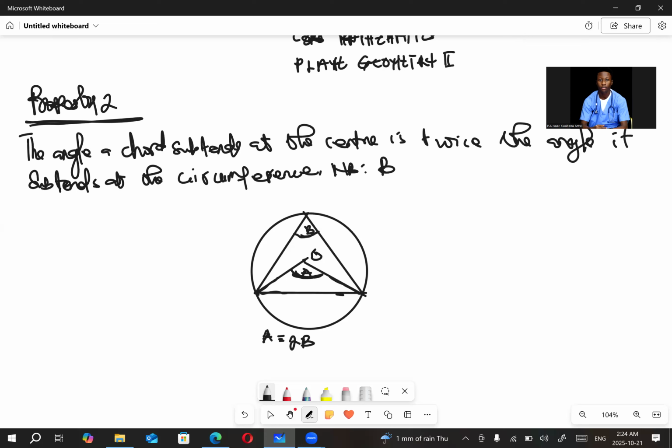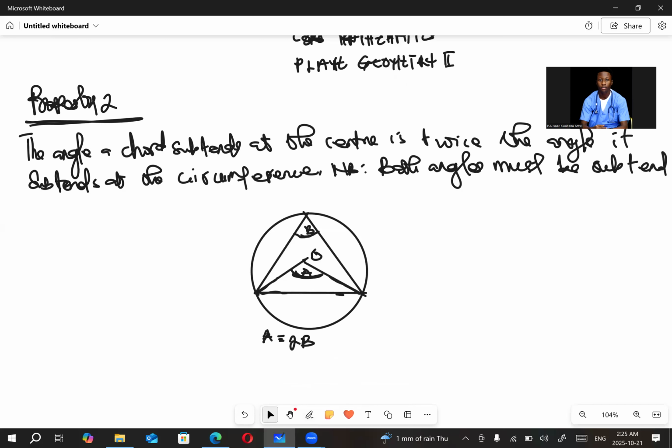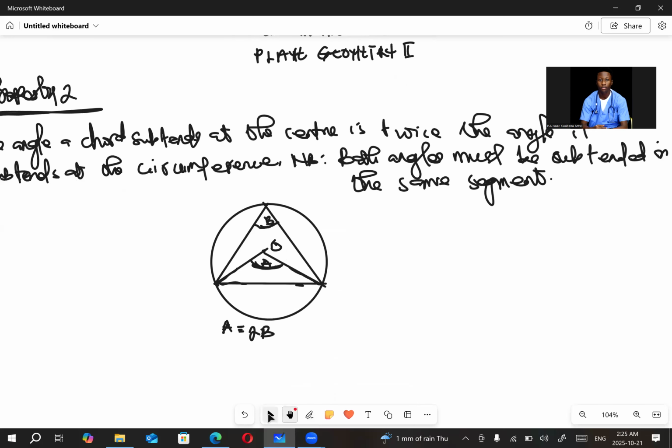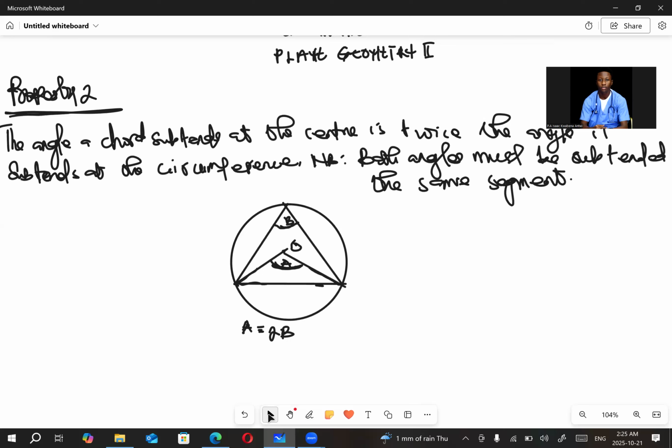Both angles must be subtended in the same segment. Can someone explain this to me?